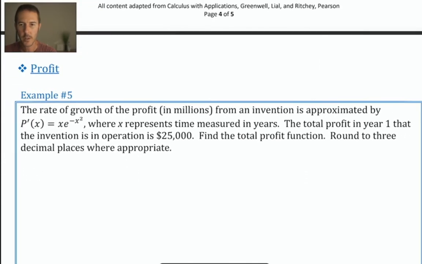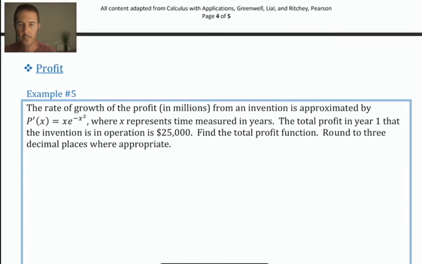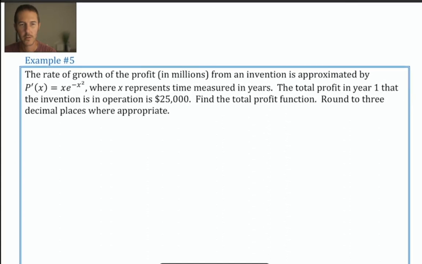And let's do this one applied problem, and that will be it for this lesson. We will do a little bit of calculator work in this problem. So here we've got the growth rate of profit from an invention being approximated by this equation.